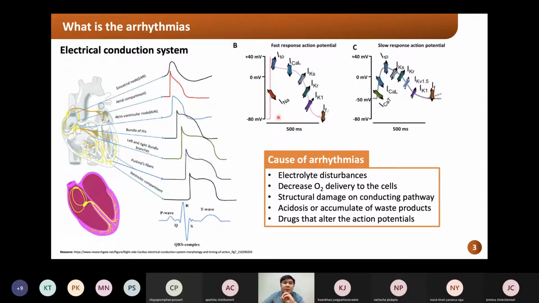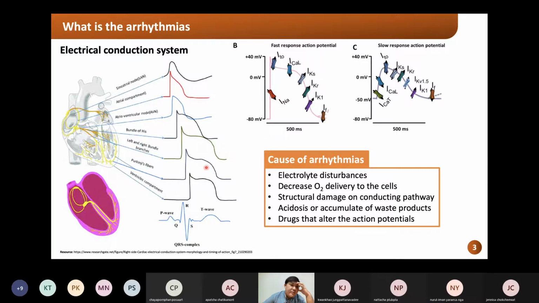But in other parts of the heart, besides the pacemaker cells, you will see that the excitability waveform is the fast response action potential. It has a waveform like this.